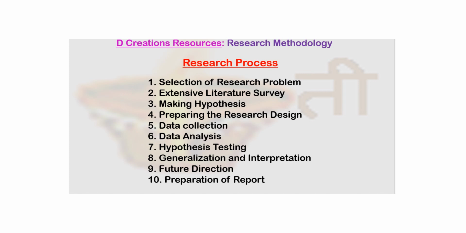And then of course you need to find the gaps. Okay, some things have already been done, but what is missing, or if there are some disadvantages, will my research problem have some advantages, or is there something new that is going to come up? So all those things literature survey would give you.